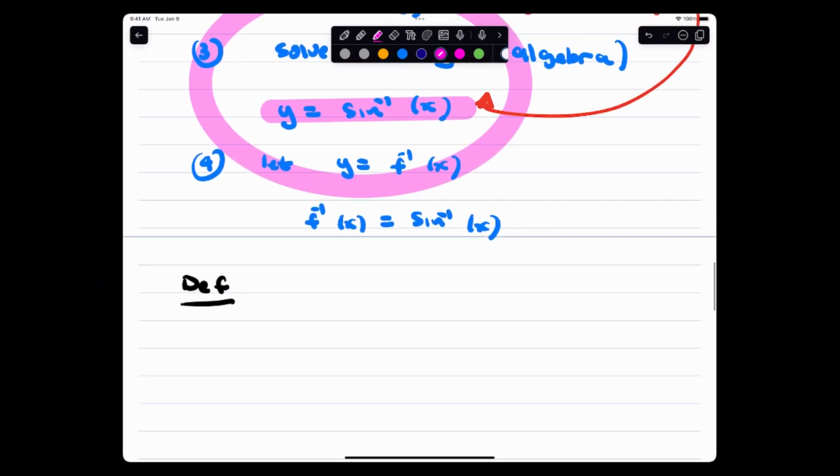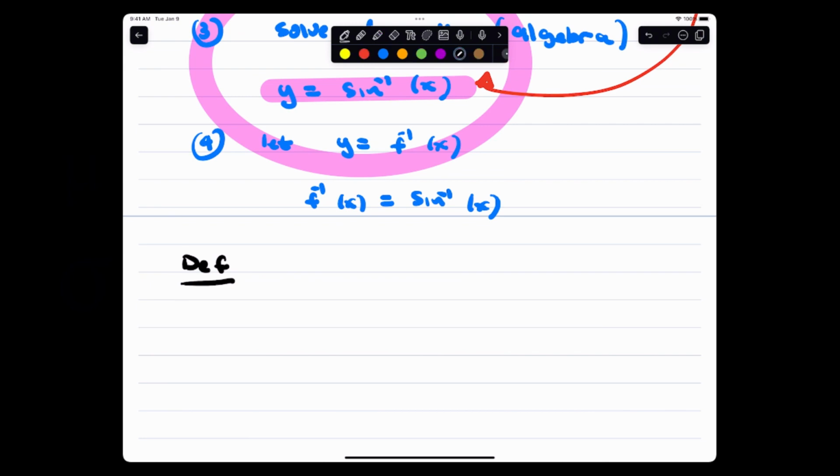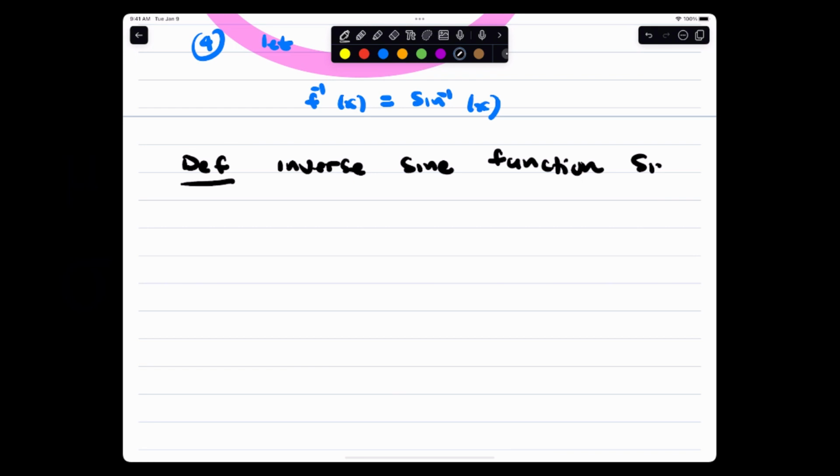Okay? So if you look in your book, they're going to call it this way. Definition. The inverse sine function is the following. They put the notation, sine with that -1. They'll put the inverse sine of x equals y is equivalent to simply saying sine y equals x.